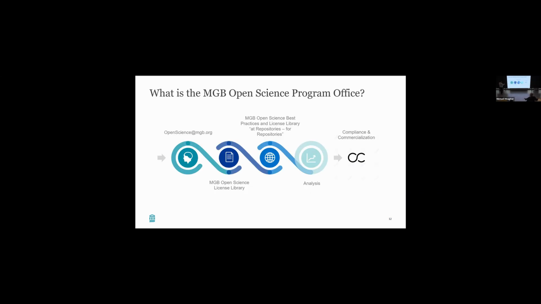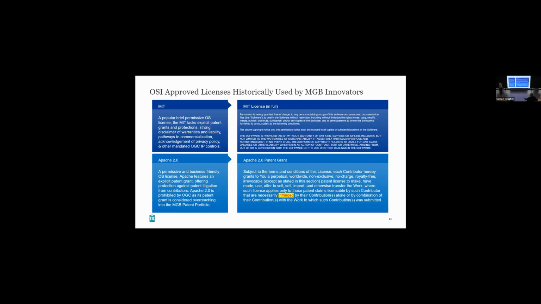This is just a quick visual overview of the Open Science Program Office. We have a catch-all email and our Open Science Library, and our goals are compliance and commercialization. I won't go too deep into this, but I know we have a licensing talk later. These are the two most popular licenses in the system. The MIT license, here in full, just did not have the detail that we required, and didn't have some of the commercialization elements that we liked.